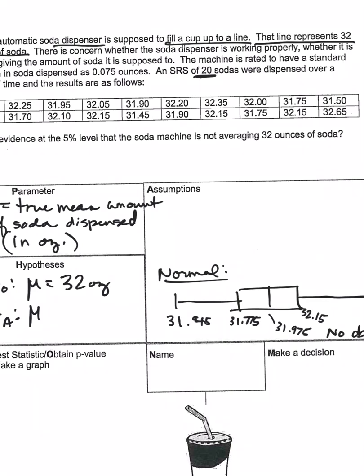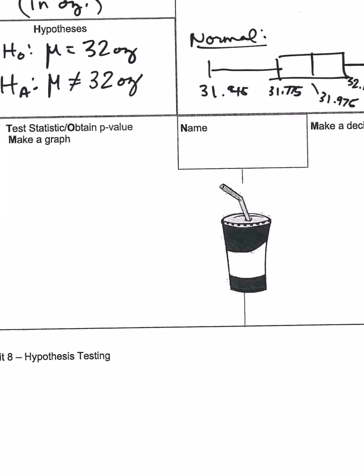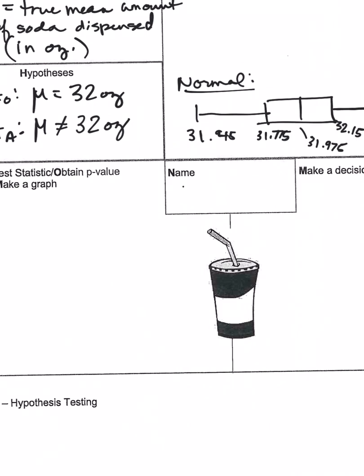In other words, whether it is actually giving the amount of soda it is supposed to. So what does that imply? Not equal, not equal. Good. Do you see how the hypothesis is like the most important thing? Because that tells you how you compare and how your curve is drawn and whether it's a one-tail or a two-tail test, etc., right?